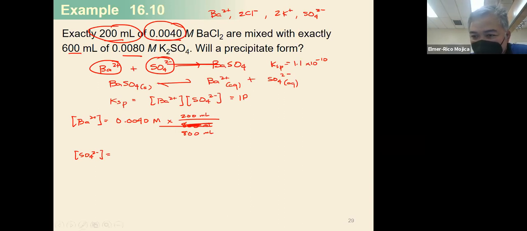I got 800 from 200 plus 600. If I have 0.40 times 200 over 800, I'm going to get 1.0 times 10 to the negative 1 molar. Everybody got this for the barium 2 plus concentration?